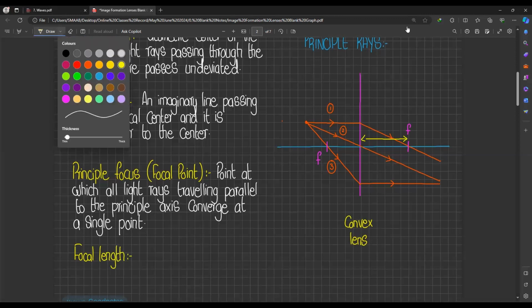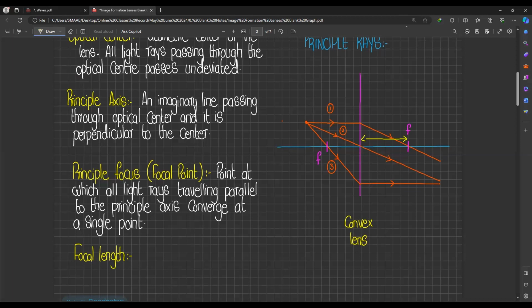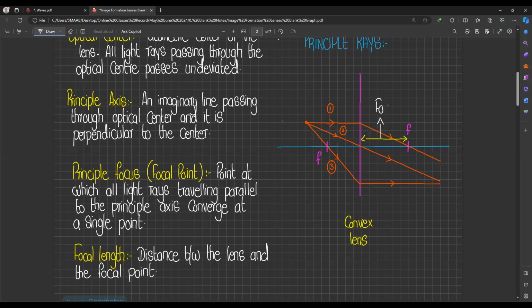So now we have a total of four terms related to lenses. Any confusion?